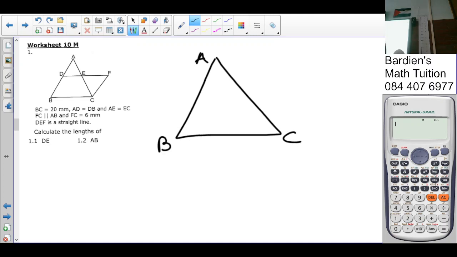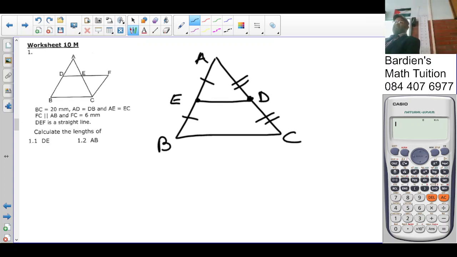If you take the midpoint of AB, let's call that E, and the midpoint of AC, let's call that D. We took the midpoint of AB and the midpoint of AC, and we're connecting them. I draw this line here.